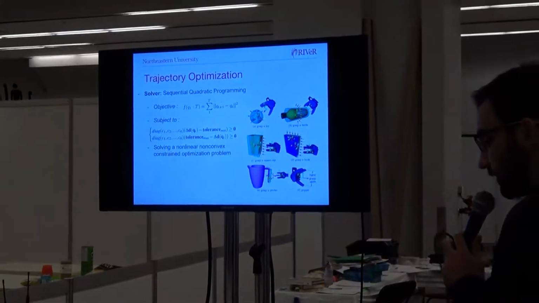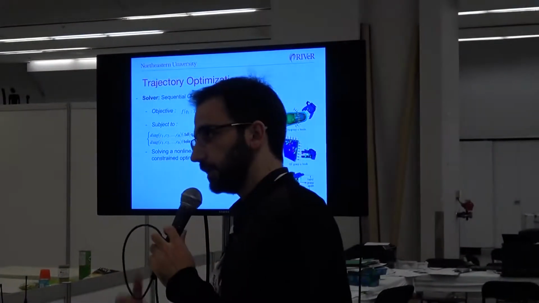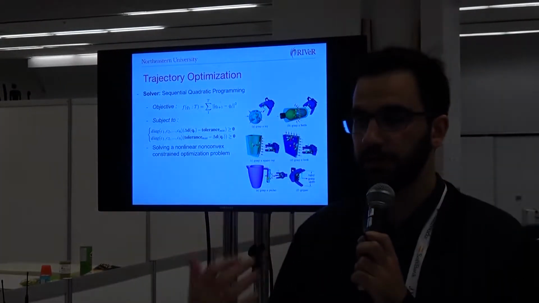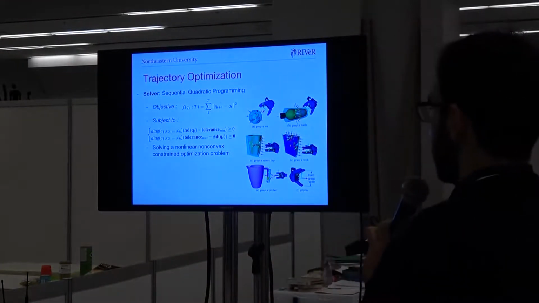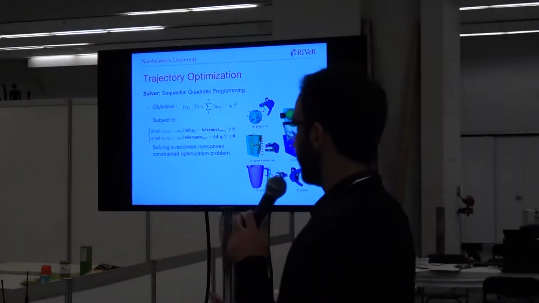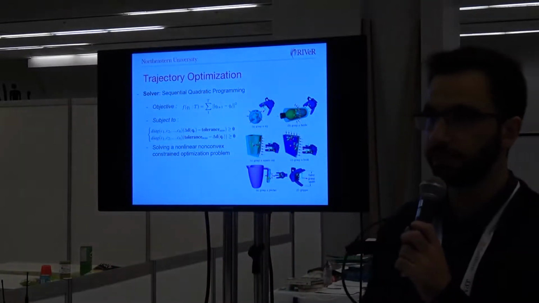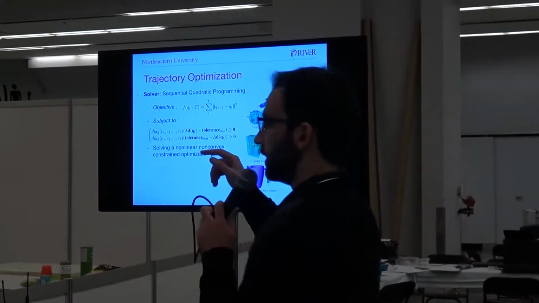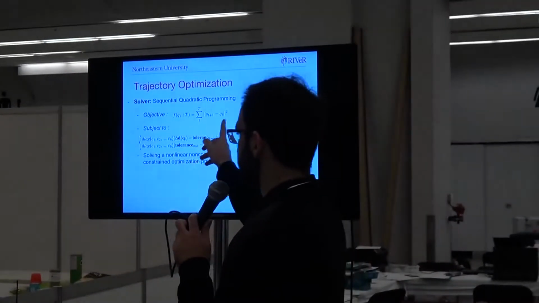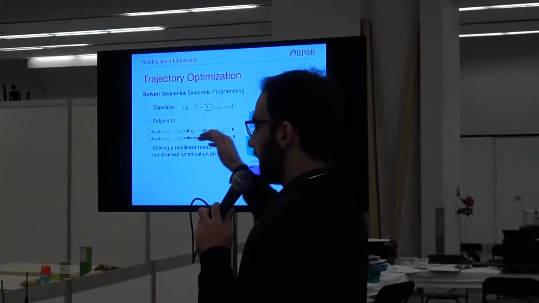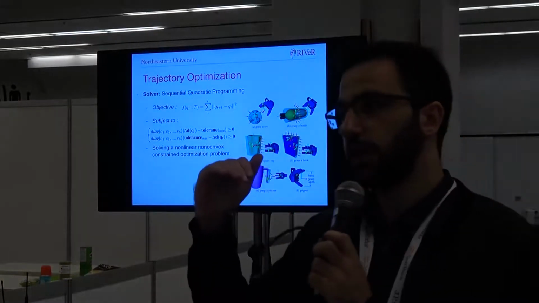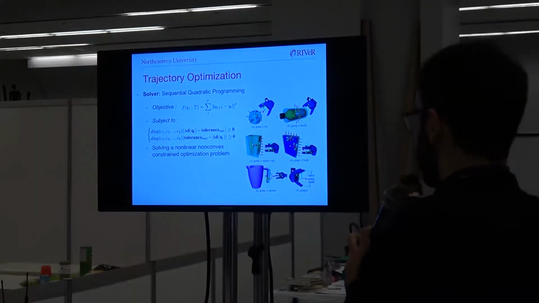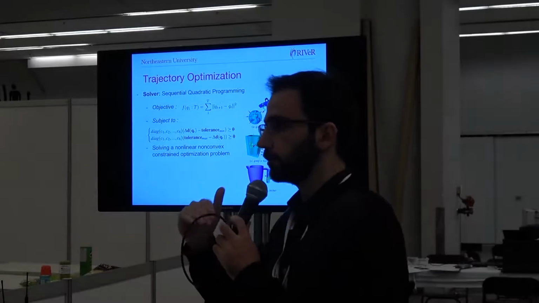To be able to do that, we define the motion planning problem as a trajectory optimization problem, which is a non-linear, non-convex constrained optimization problem, and we solve it using sequential quadratic programming, where we minimize the sum of the joint displacement between each waypoint, and we define the end effector positions as the inequality constraint.